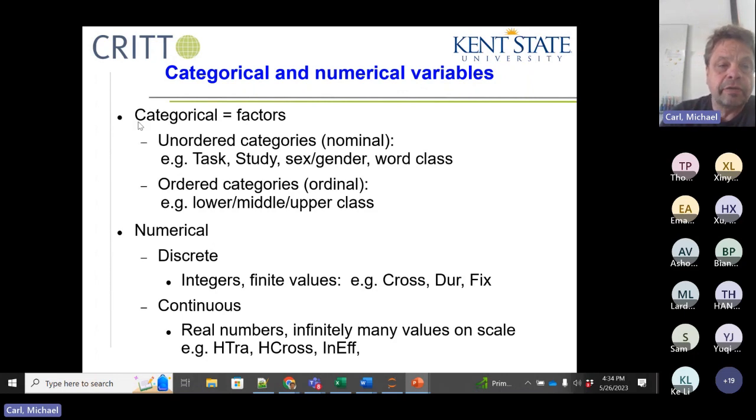Here are more categorical variables, a task, editing or post-editing, right? These are categories. They're not ordered. They cannot be put into an order. Then sex, gender, word class, whether something is an adjective or a verb or something like this. This would be categories. Then we would have ordered categories, ordinal categories, where we can have some kind of an order.